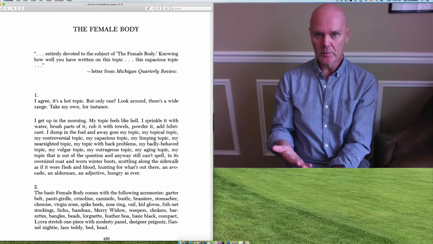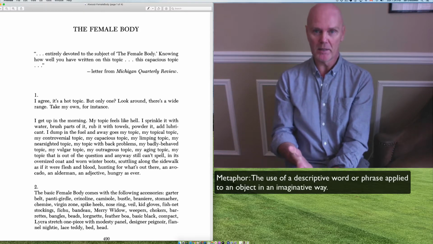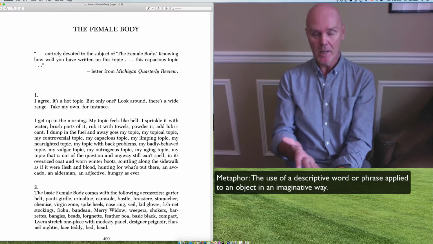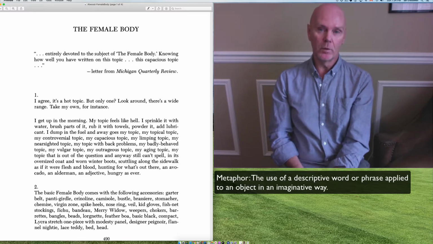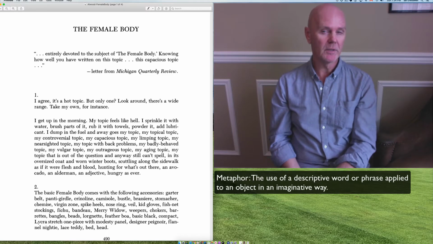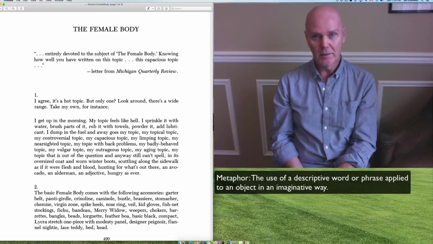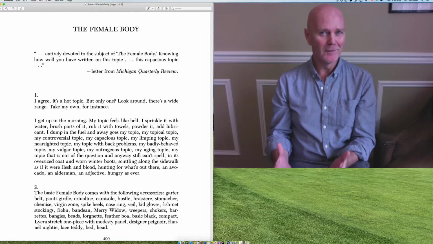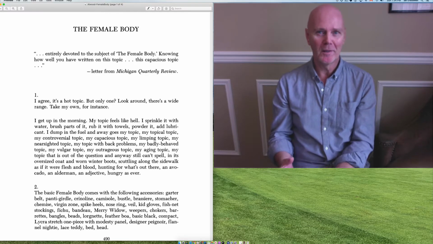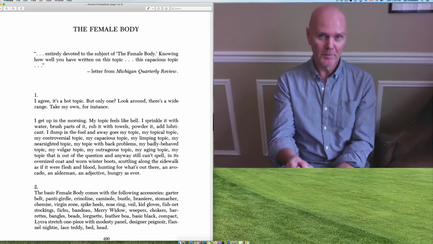So I'm now going to repeat for you what I gave you in the first class, which is the definition of a metaphor that you will find in a dictionary, in this case the Oxford English Dictionary. A metaphor is the use of a descriptive word or phrase applied to an object in an imaginative way. And hopefully the thing that's screaming out at you is metaphors applied to objects.